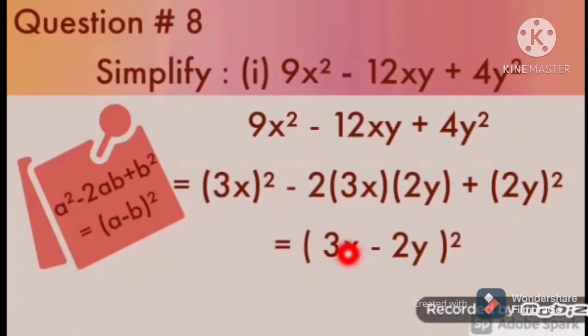Here a is 3x, b is 2y. So 3x minus 2y whole square is the simplified form of 9x square minus 12xy plus 4y square. Similarly, we will solve other parts of question number 8.